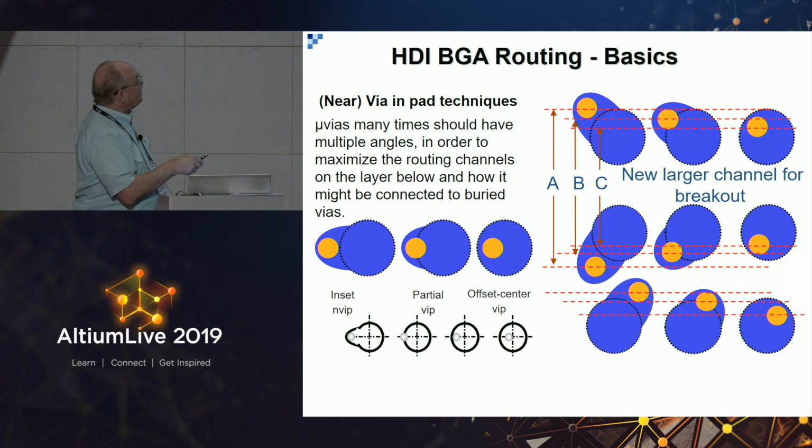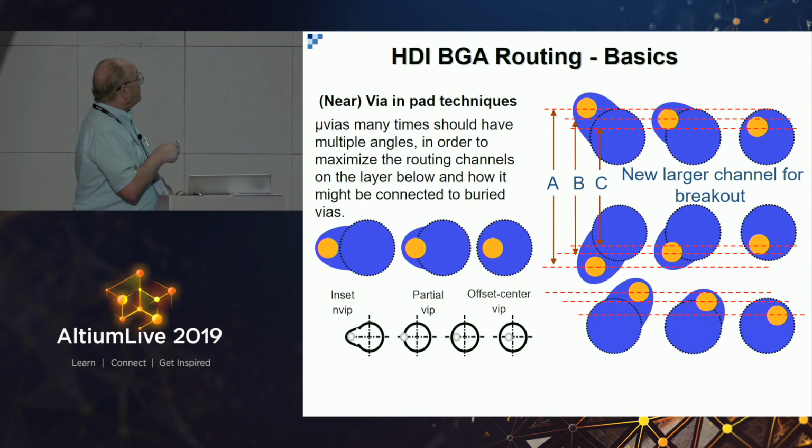And it's your choice of which channel size you use, A, B, or C, because where are you going to put that microvia? You can put it in the pad, adjacent to the pad, or right next to the pad. And so we call that inset via, partial via and pad, and offset center via and pad, in terms of where that blind via goes with respect to the pad.